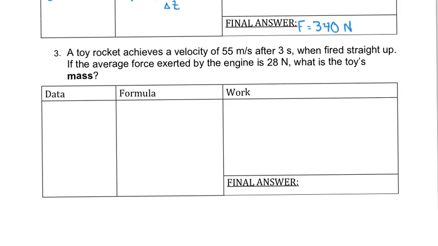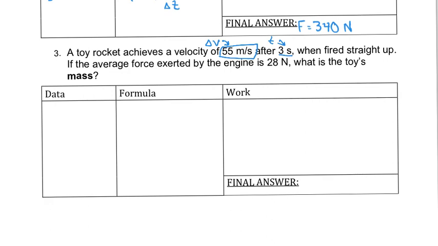Toy rocket achieves a velocity of 55 meters per second after 3 seconds when fired straight up. So we're going to assume that the beginning velocity was 0, so that this is actually the change in velocity here. This is going to be our time. The fact that it's fired straight up lets us know that the velocity is positive.